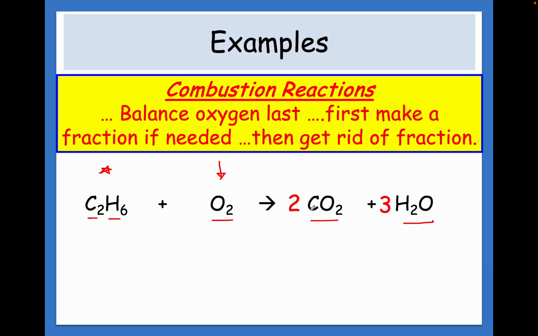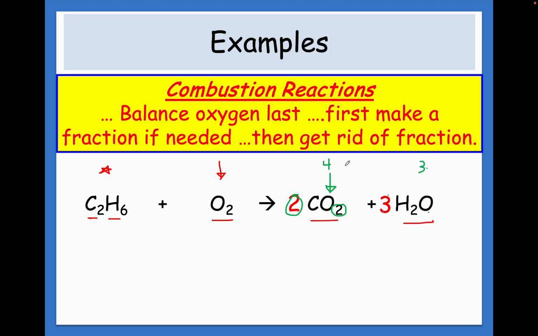okay? And now the key here is that if we look at oxygens, you have 2 oxygens. No, wait, I lied to you. 2 times 2 is going to be 4. I have 4 oxygens. And then 3 times 1 is going to be 3 oxygens.